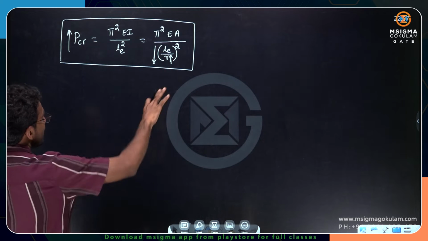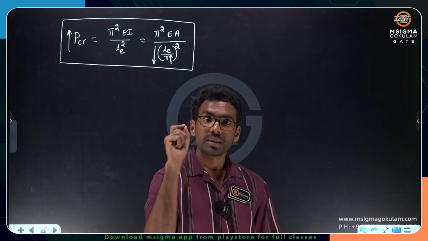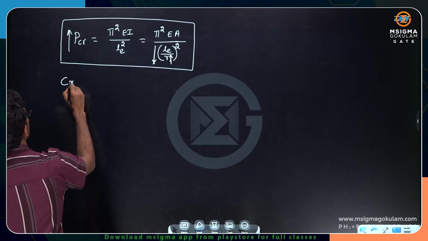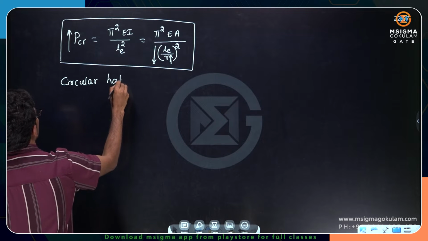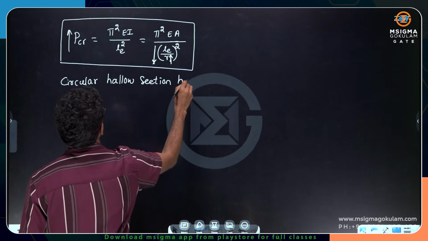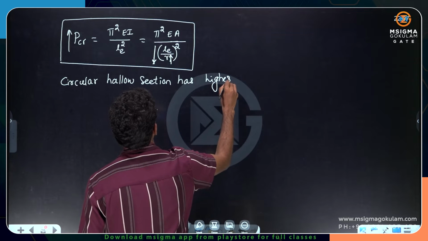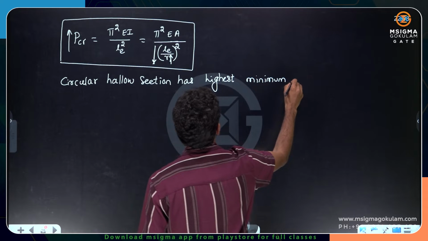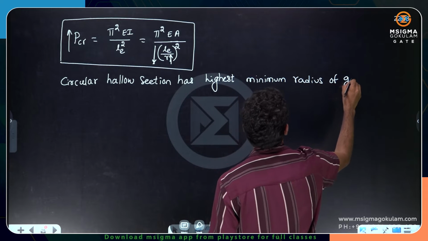Among these three, rectangular, circular and square hollow sections, a very important point is that the circular hollow section has the highest minimum radius of gyration.